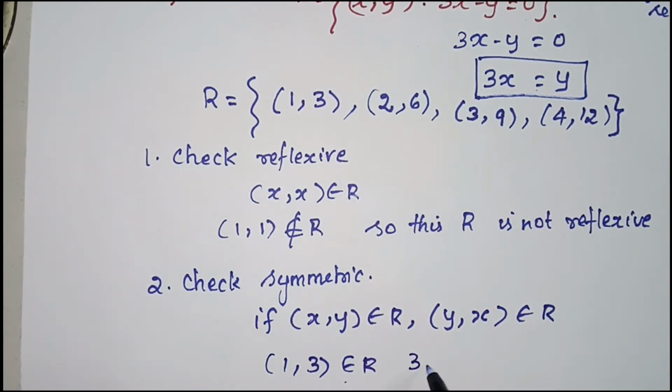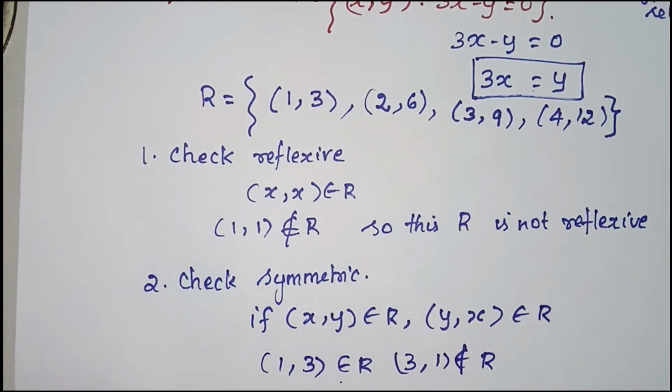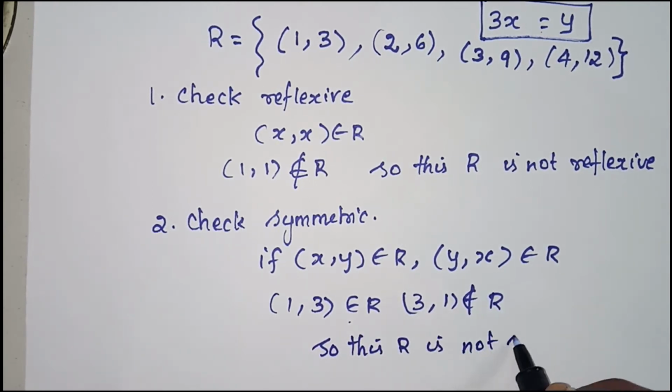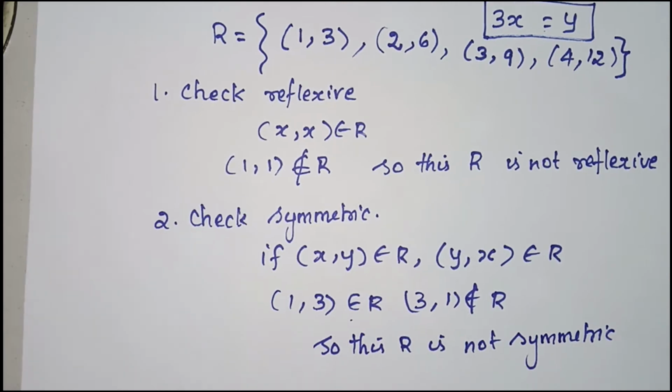But (3, 1) does not belong to this relation. (3, 1) is not available in this relation. So this relation is not symmetric. It does not satisfy this condition, right?